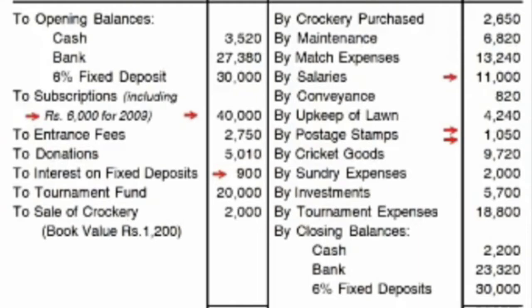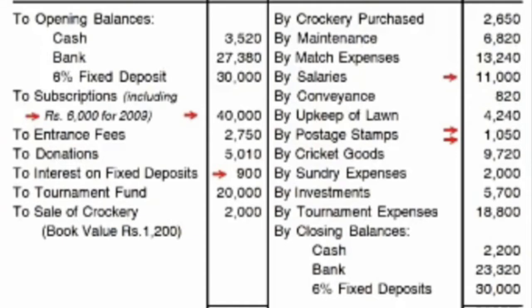Okay. Next item, tournament fund, rupees 20,000. This is a capital receipt. So it will enter in the liability side of current year balance sheet. But here in payment side, there is a tournament expense. This tournament expense we need to adjust from this tournament fund. So this tournament fund amount I will write in the inner column.